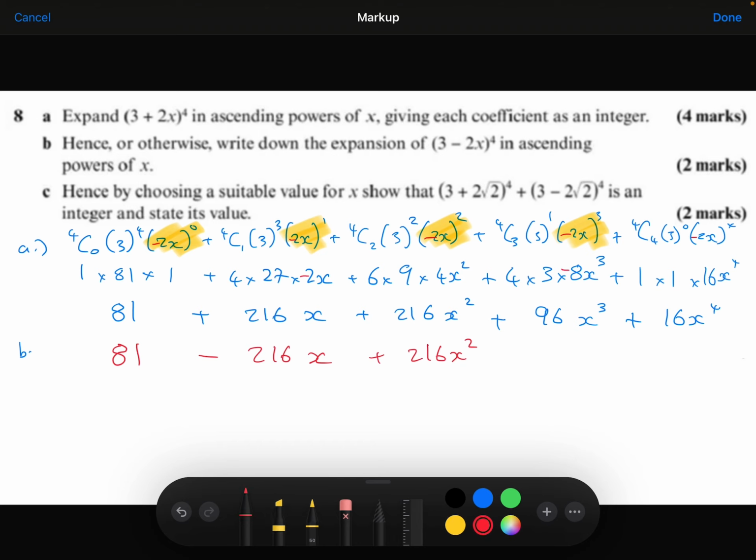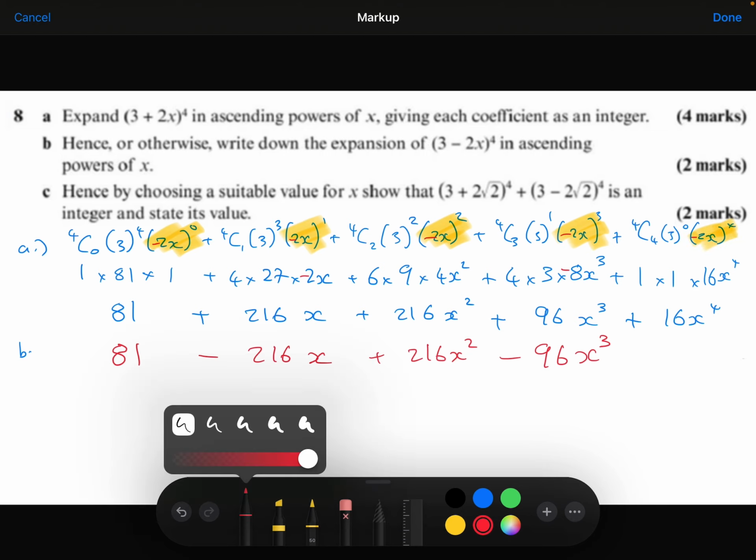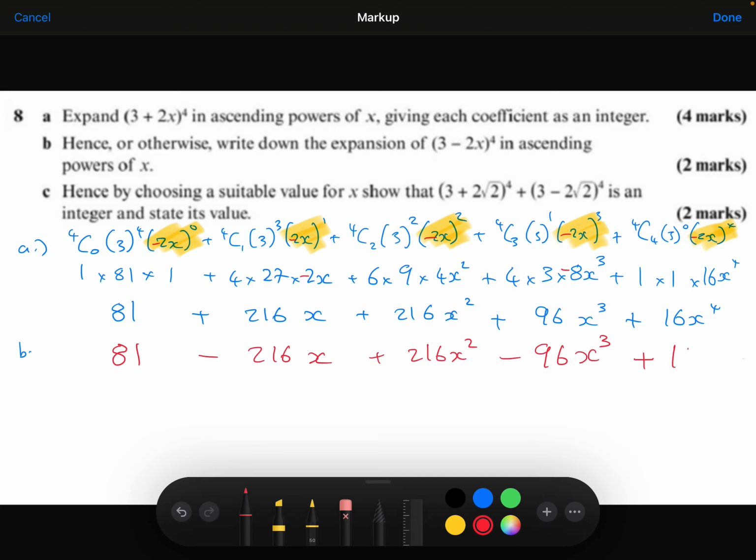The minus 2 times minus 2 times minus 2 would make a minus 8. So I'd have a minus 96x cubed. And then finally the last term here, (-2x) to the power 4, well again, that's going to be a positive. The power 4 will make that positive, so that's not going to be affected at all. So that's my answer for part B.